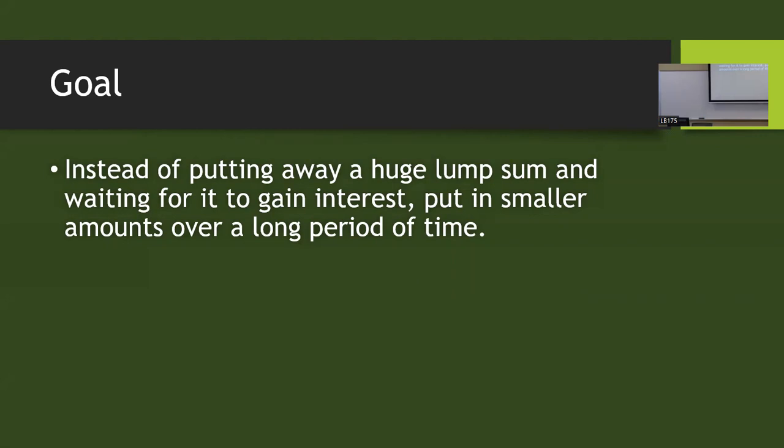The vast majority of people don't have $1 million to put in an account and just let it sit. So when we save for retirement, oftentimes we put in smaller amounts over time. So maybe you put in $1,000 a month or $500 a month or something like that.